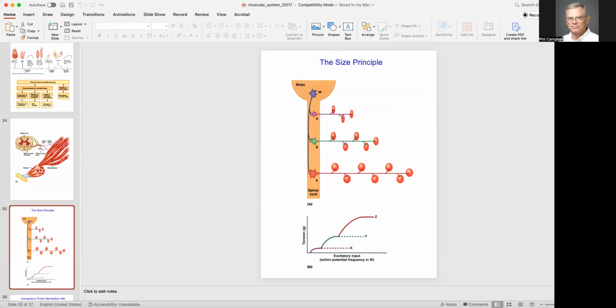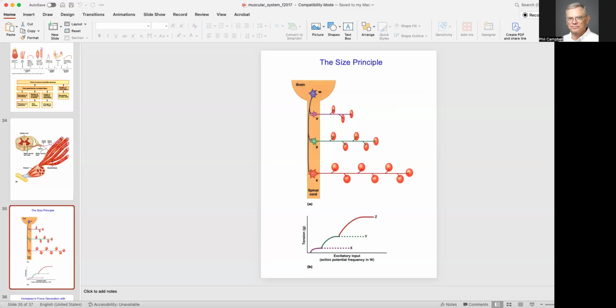Then if I get a higher load, I'll recruit more. So basically, I add on: I've recruited this one, I add this on top of this one, I add it on top of this one.